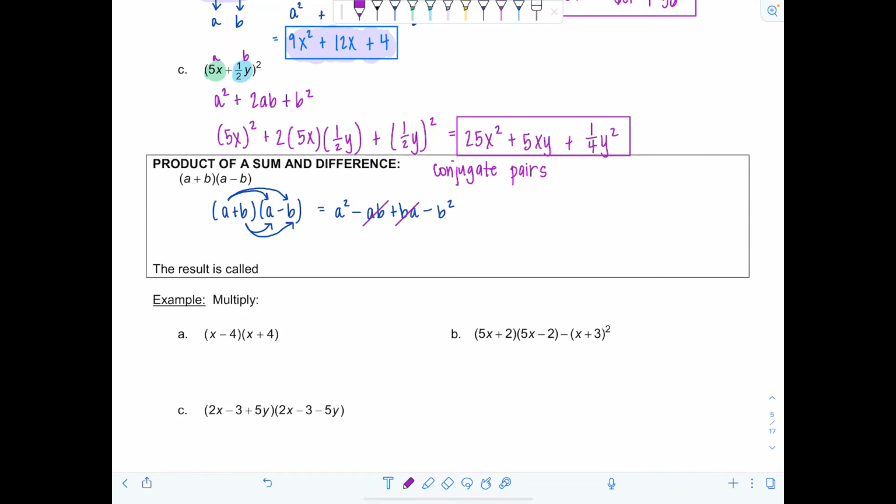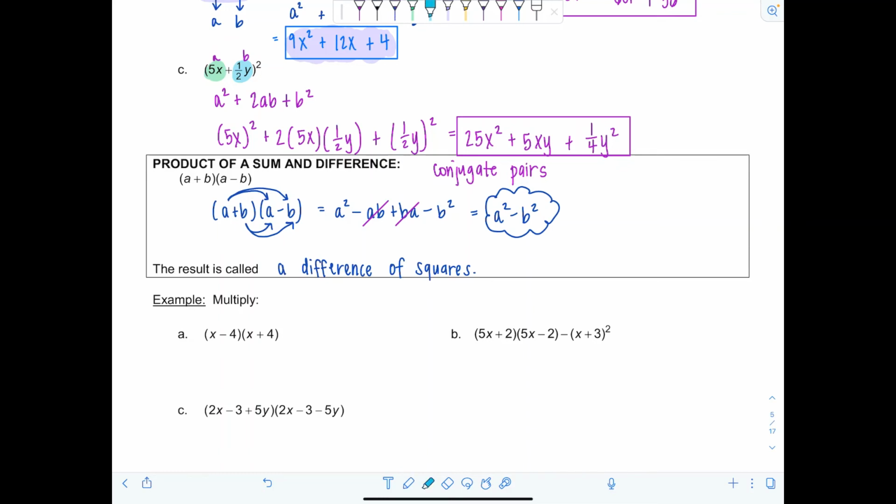So these guys cancel out. And all I'm left with is a squared minus b squared. And this result here is called a difference of squares.